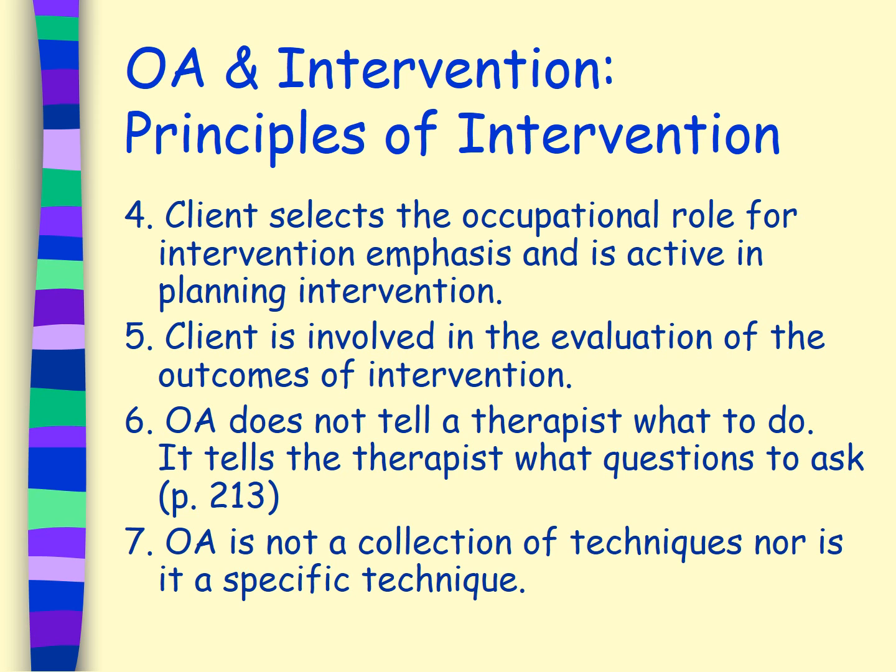If you look at page 213 in your Kramer-Hinojosa text, it will give you some examples of what kinds of questions therapists should ask. OA is not a collection of techniques, nor is it a specific technique. It's just a guide to help us identify what's going on in the environment, what's going on with the client, with the person, and to help them evaluate themselves and how they're doing.